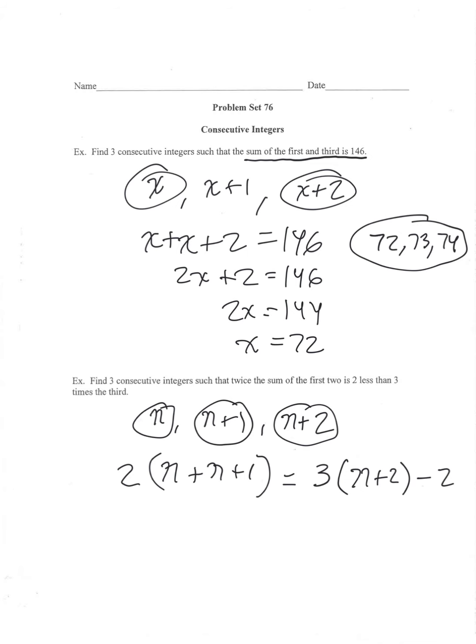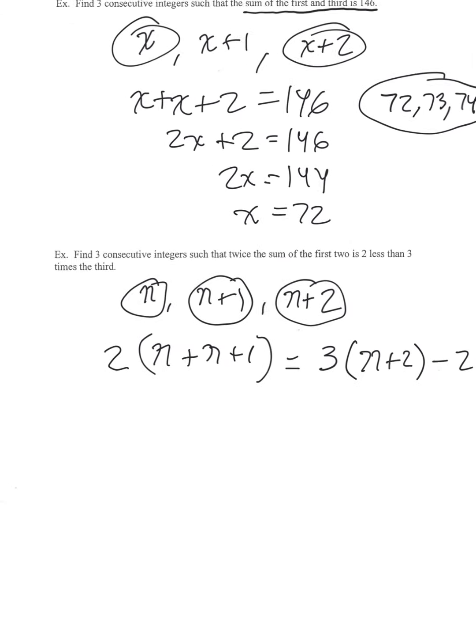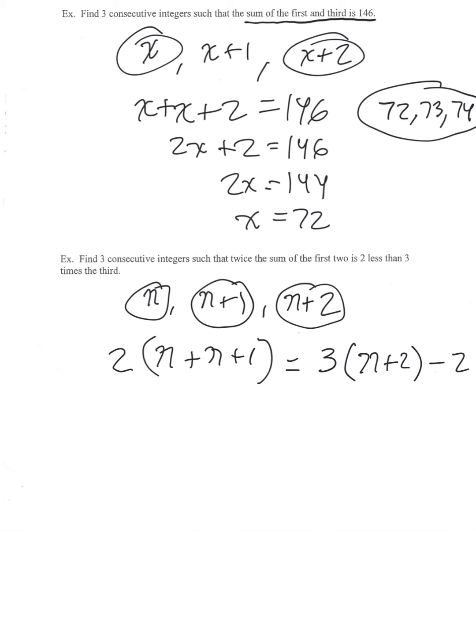And now I have an equation that I can solve for n, and if I can figure out what n is, then I can figure out the other consecutive integers. So I'm just going to go ahead and solve this piece by piece. I'll combine like terms here. I'll distribute the 2. And then I'll simplify the other side.